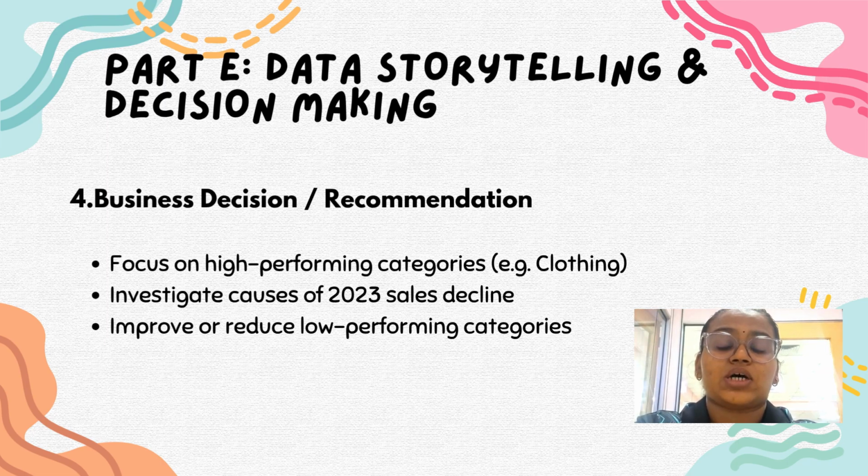Second, we need to conduct a deep dive investigation into the exact causes of the 2023 decline, whether that's market competition or supply chain issues. And the final one is we should evaluate our low performing categories to decide if we should work to improve them or simply reduce our investment in them to save cost.